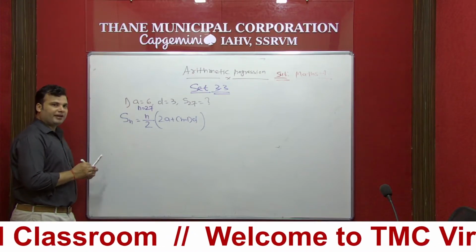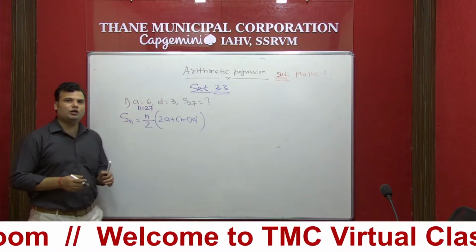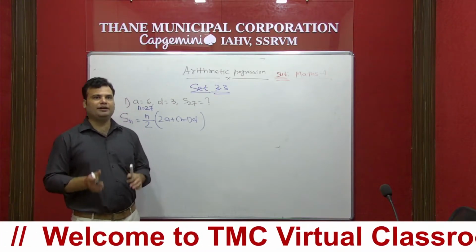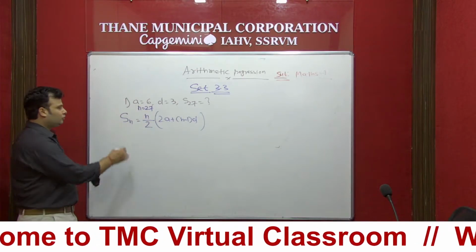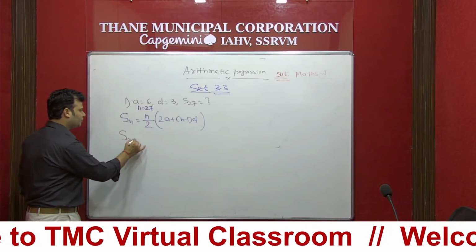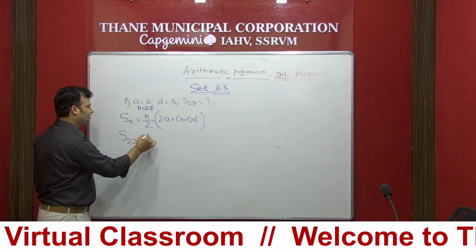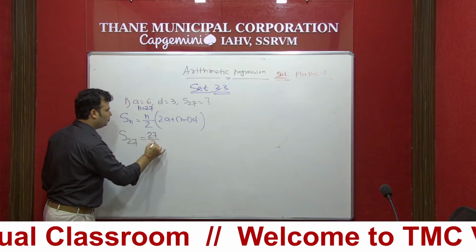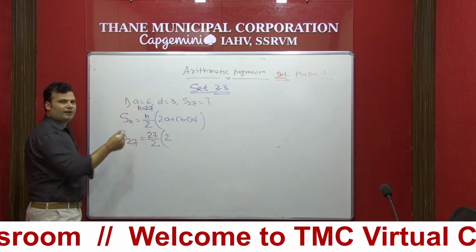Now we have to put the value. Sn equal to n upon 2 bracket 2a plus n minus 1 d. So in place of n that is 27, so we can put S27. Now n is 27 only, so 27 upon 2, 2a. So what is the value of a? a is given 6, very simple sum.